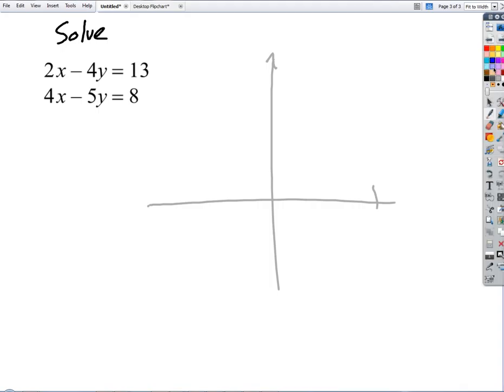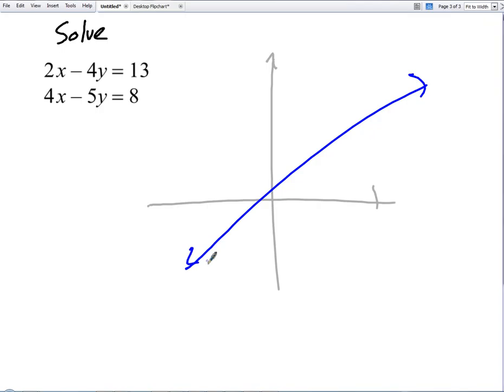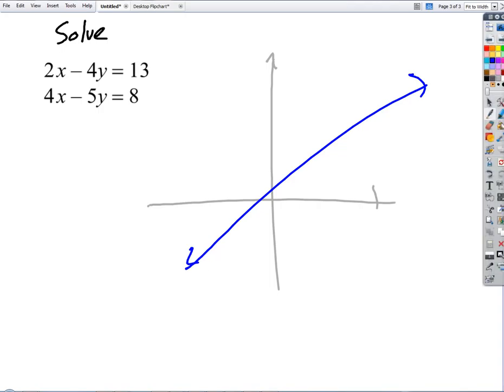Maybe not exactly, but it's going to look something like that. Okay? What about the other one, the bottom one? It's a line also, isn't it? Now, if I graph the bottom one, I'm going to get a little different line. I'm going to get a line that maybe looks something like that.